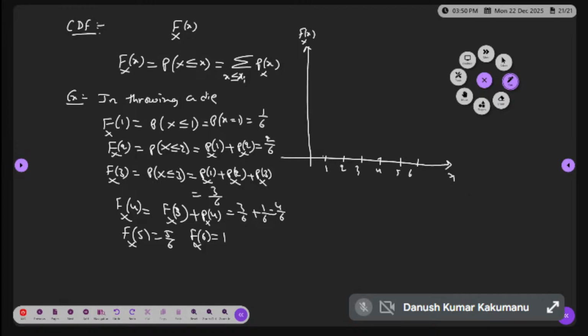And it is a CDF. CDF of 1 is how much? 1 by 6. I will write the values here: 1 by 6, 2 by 6, 3 by 6, 4 by 6, 5 by 6. They are CDF values.